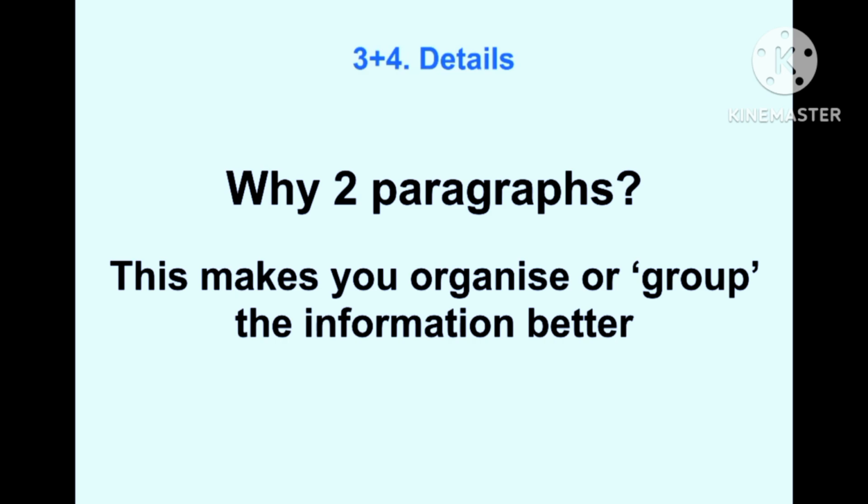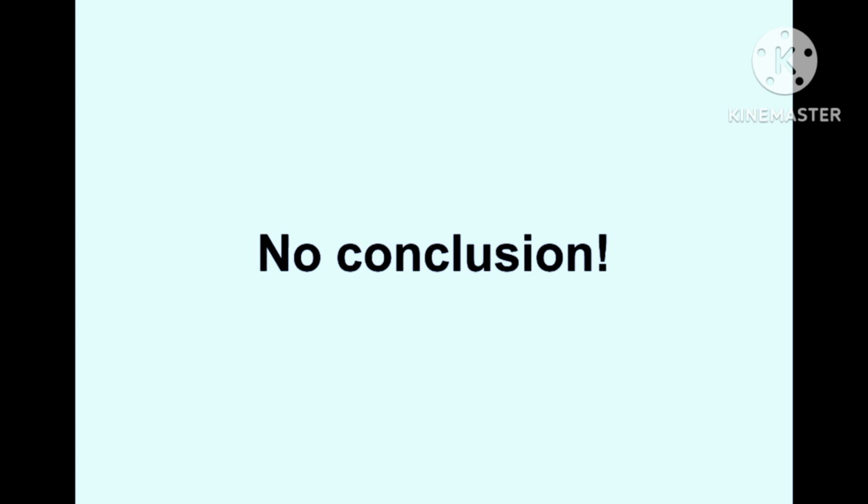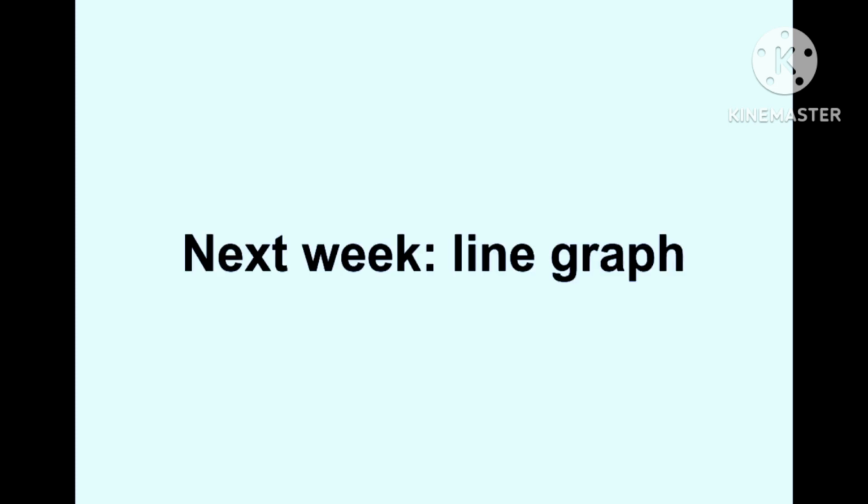Or you might put the first half of the period in paragraph 3 and the second half of the period of years in paragraph 4. Just grouping and organizing. This will help your score for coherence and cohesion. Makes your structure look better. And that's it. No conclusion, remember. That's the structure, and I've shown you the types of questions. In the rest of this course, we're going to go through those different question types. So next lesson, next week, we will start with the line graph question.